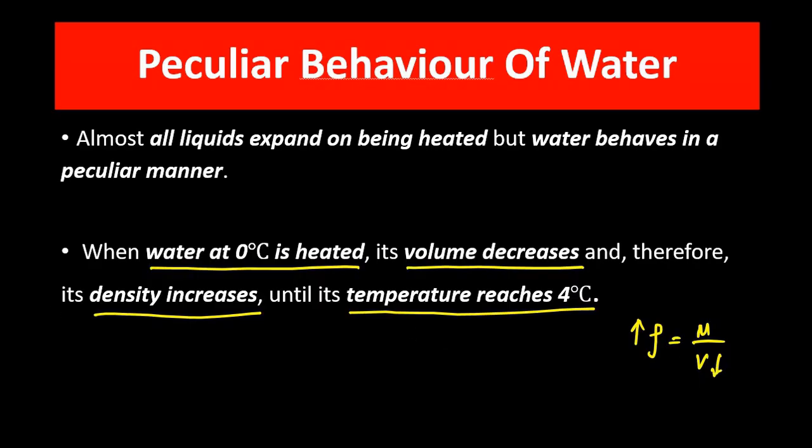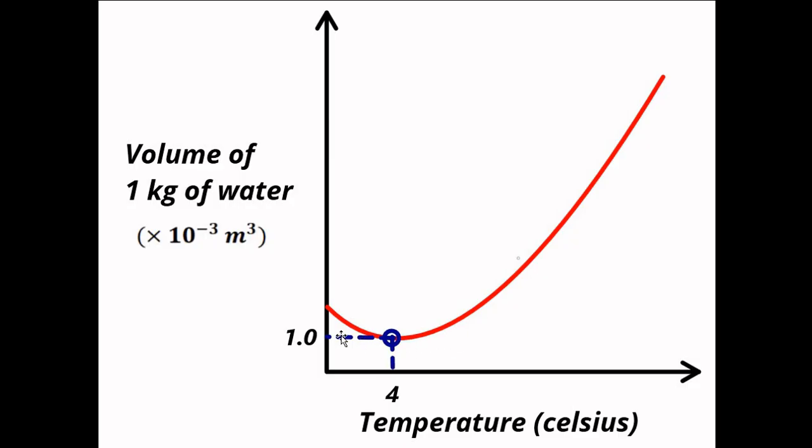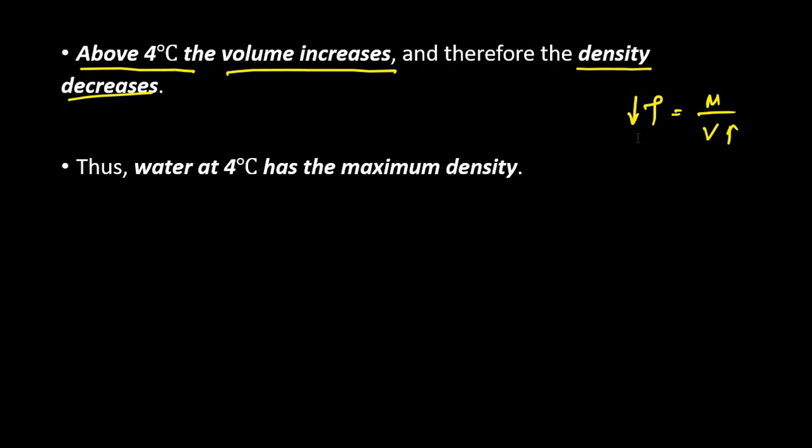Now once it reaches 4 degrees Celsius and temperature is increased, the volume of water starts increasing, which is normal behavior. So as a result of that, when volume increases, density decreases. So water at 4 degrees Celsius has the maximum density. Why?